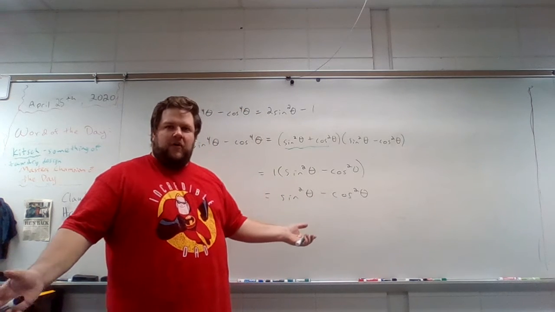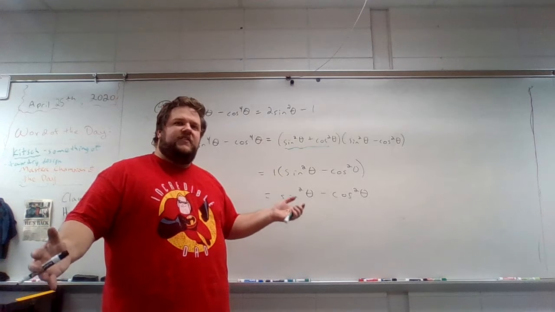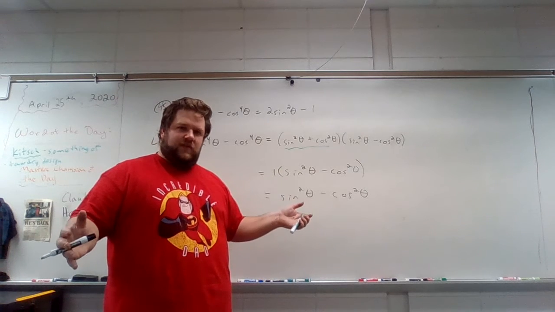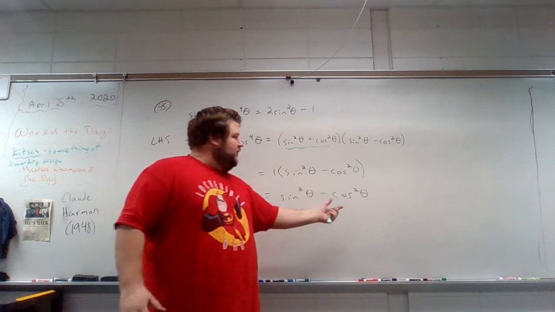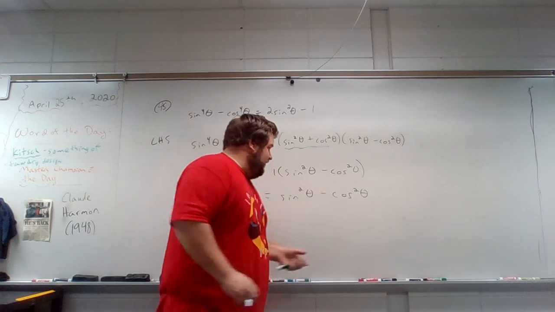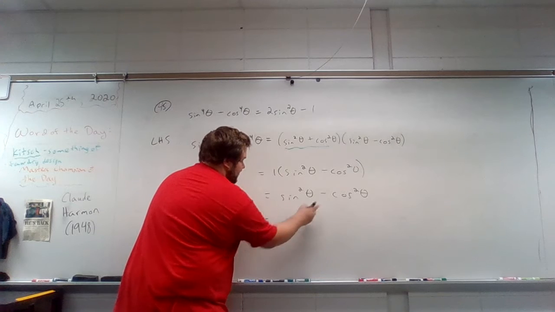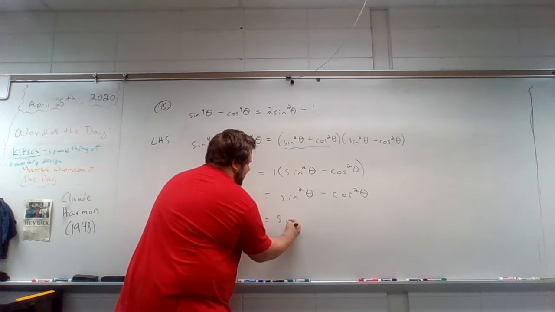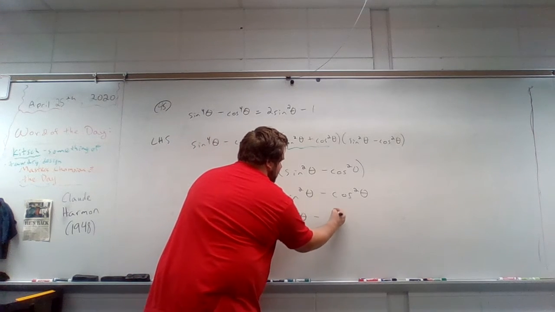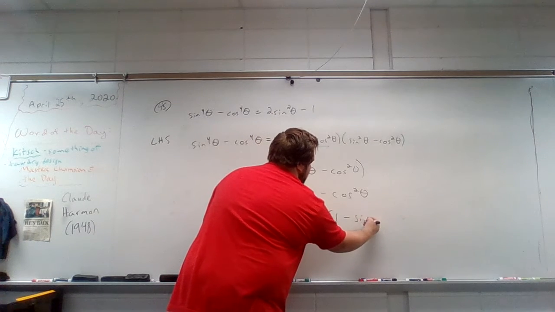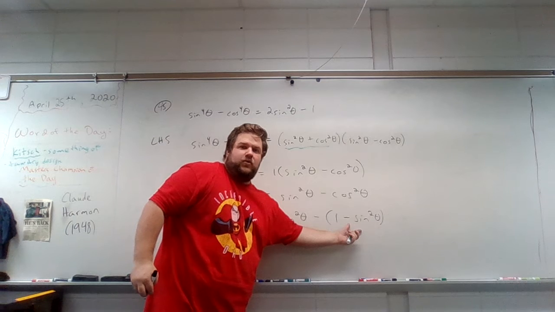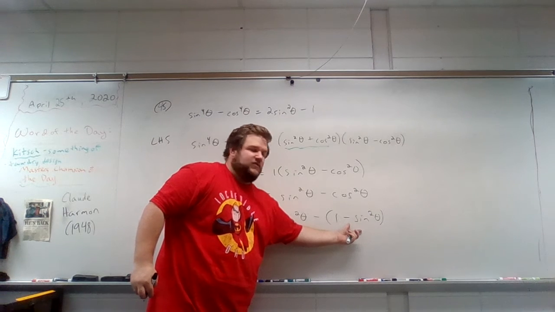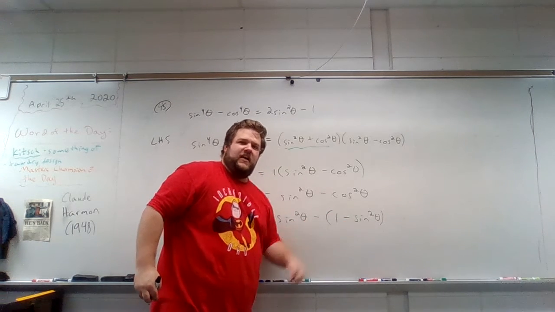Well, remember our identity: cosine squared is 1 minus sine squared. That's from our Pythagorean identity. So since I know that cosine squared is 1 minus sine squared, I would replace cosine squared with 1 minus sine squared. You just have to be careful to put parentheses around that 1 minus sine squared because I'm distributing that negative there.